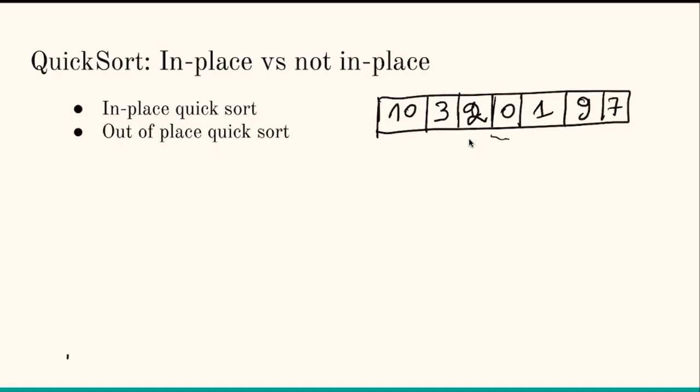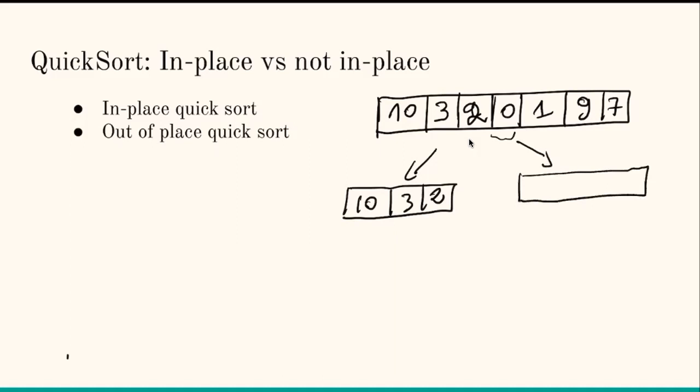Merge sort just chooses the element in the middle and breaks into subproblems, like divide and conquer. It will break into subproblems where here you will have a subproblem that contains 10, 3, and 2, and another subproblem that contains 0, 1, 9, and 7.